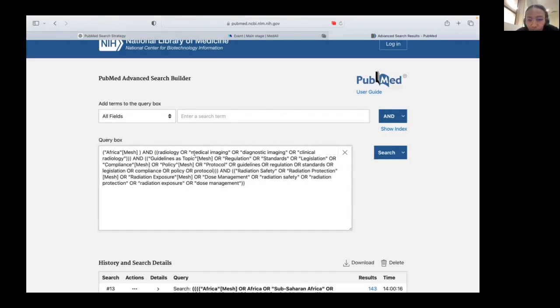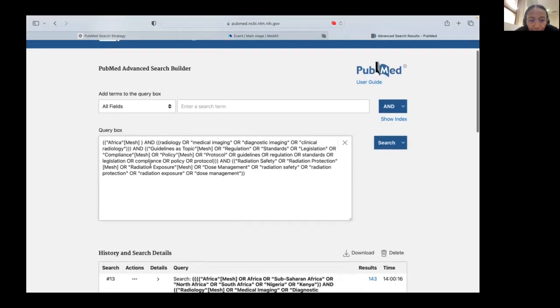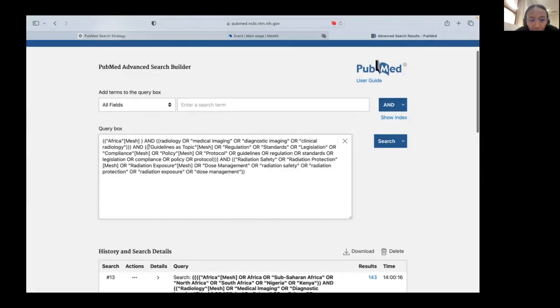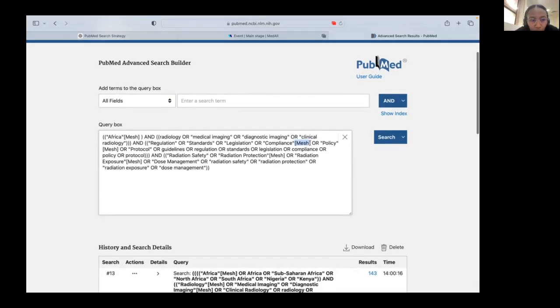Okay, radiology, medical imaging, clinical radiology. One thing to pay attention to is the number of brackets, because that could cause issues. Guidance, we have to remove that. Regulation, standards, legislation, compliance, policy, protocol. So we're removing all the MeSH terms.